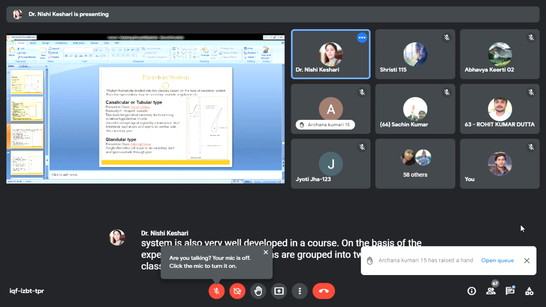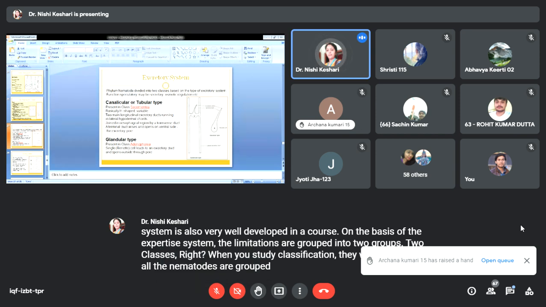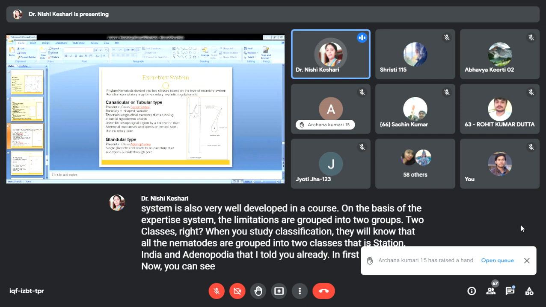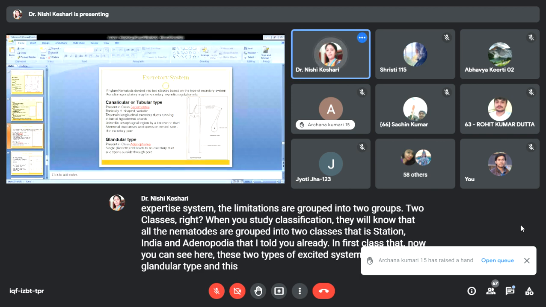When you study classification, you will know that all the nematodes are grouped into two classes, that is Secernentea and Adenophorea. I told you already in the first class, that you can see here these two types of excretory system. This is glandular type and this is canalicular type.